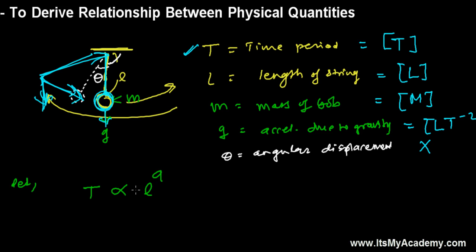Always keep in mind. Next, let's say the time period is proportional to the mass of the bob to the power b. And again the time period is proportional to g with the power c. In b and c also, if they are positive, they are directly proportional, and if c is negative, then g is inversely proportional. You need to understand this.